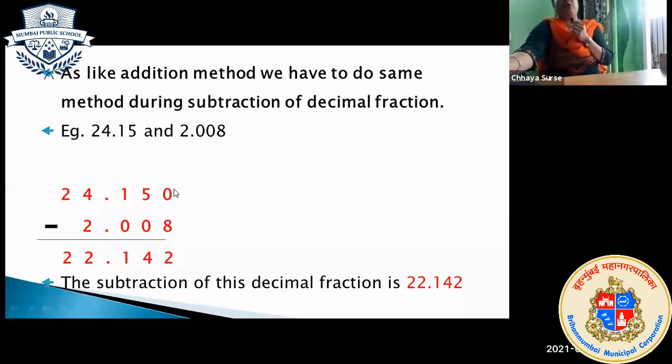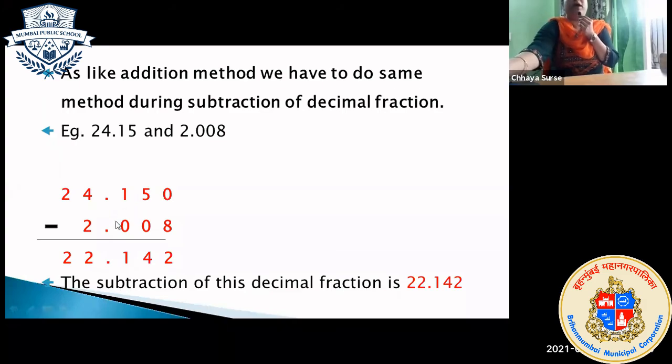Now you are not able to subtract 8 from 0, that's why we borrow from the 5. So here we have 10. 10 minus 8 is 2. We borrowed 1 from the tens to the units, so here it will be 4.